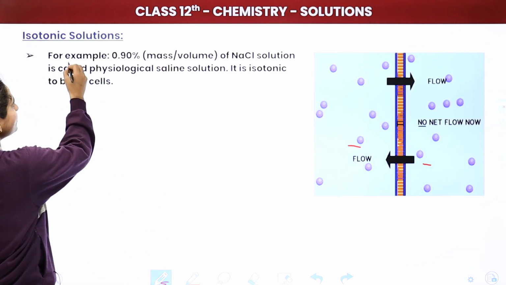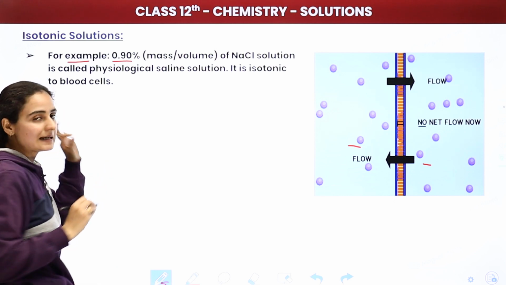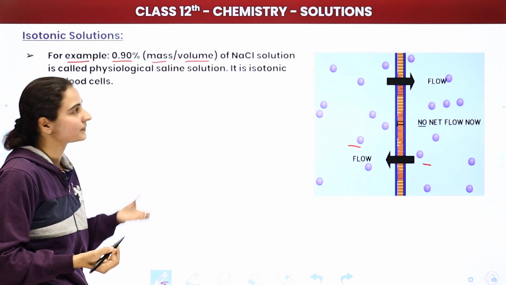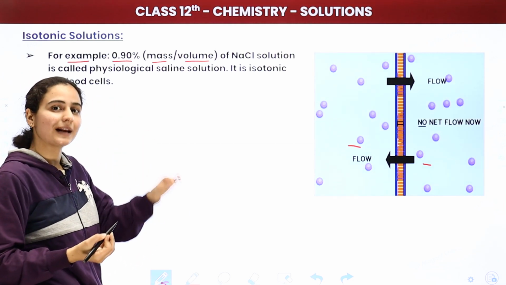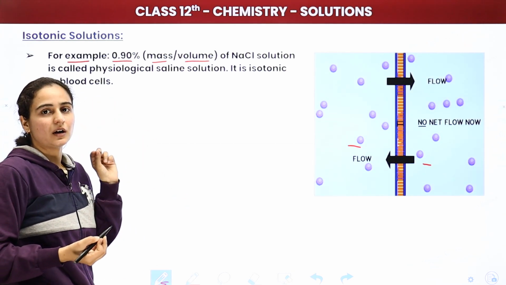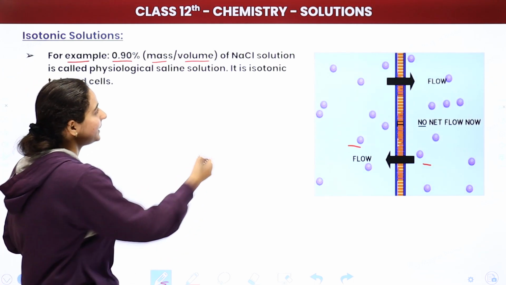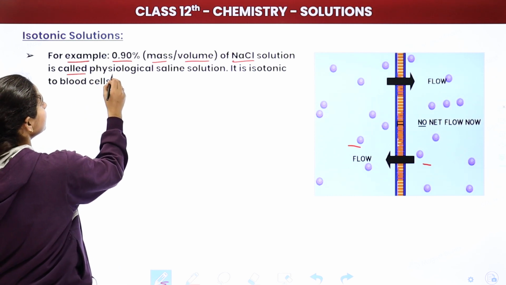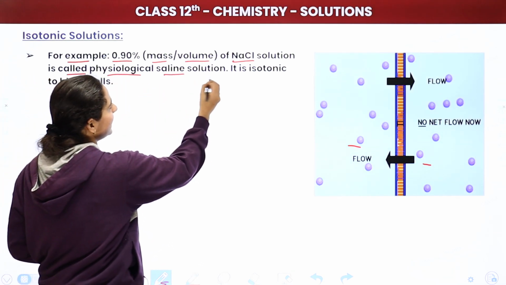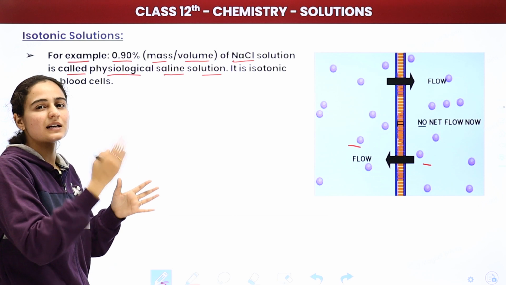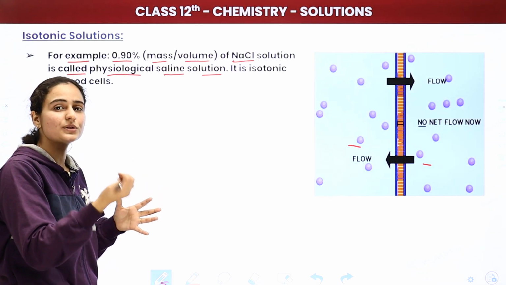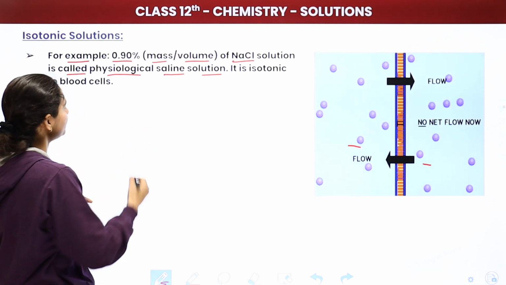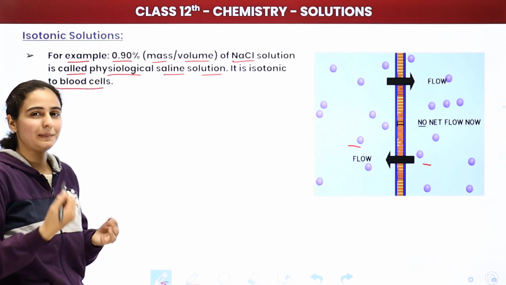Example. So for example, 0.90% mass by volume, okay, 0.90 grams per 1 liter of solution, we can say, of NaCl solution is called physiological saline solution, because a similar concentration is present inside our cell tissues too, 0.9% mass by volume, and it is isotonic to blood cells.